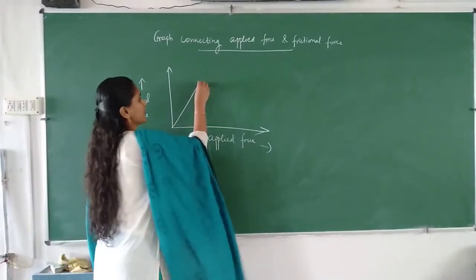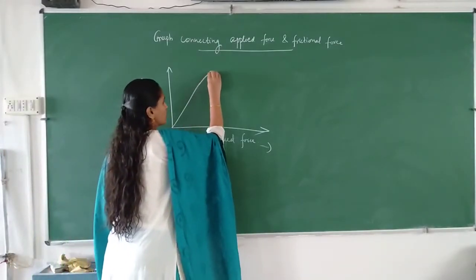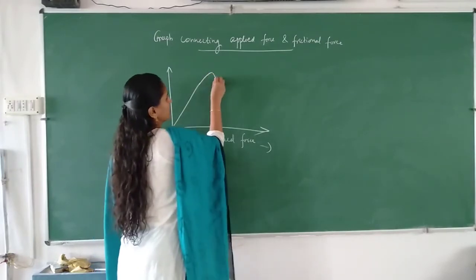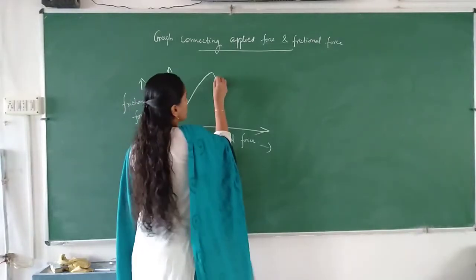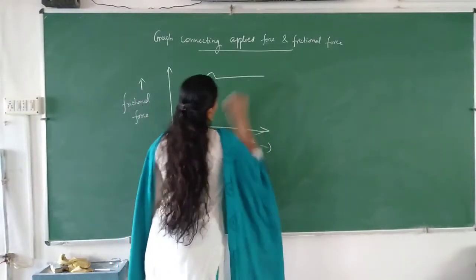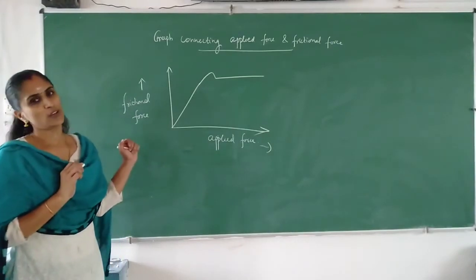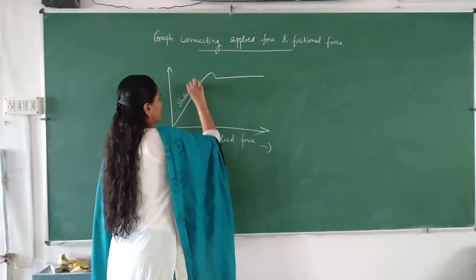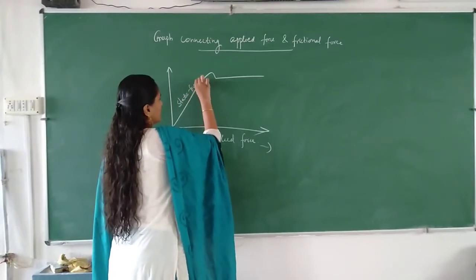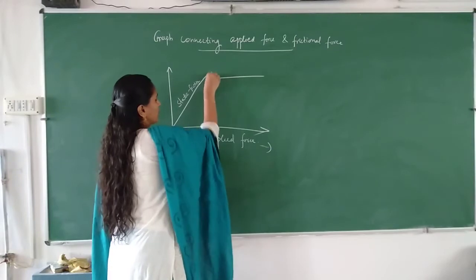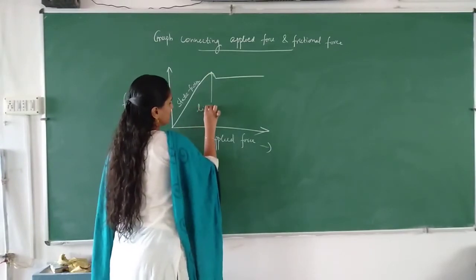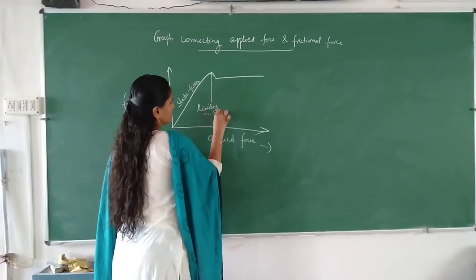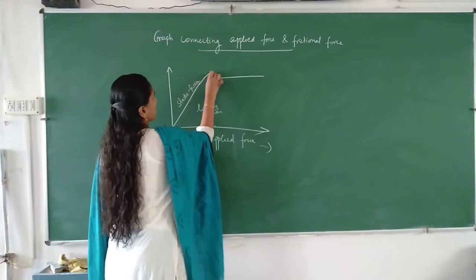And next what happens? It reaches a maximum value. Once it reaches a maximum value, then it decreases and the object starts its motion, then it becomes a constant value, and that is known as kinetic friction. So this part is static friction. Here the maximum value is the limiting friction.